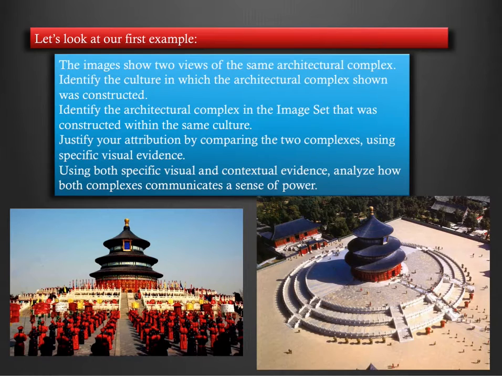All right, so we have identified the image in the image set that was constructed within the same culture. The Forbidden City was built in 1420 CE, and that's the same year that this particular piece was constructed.